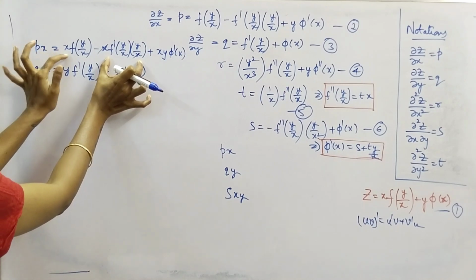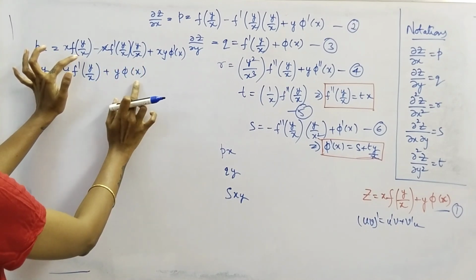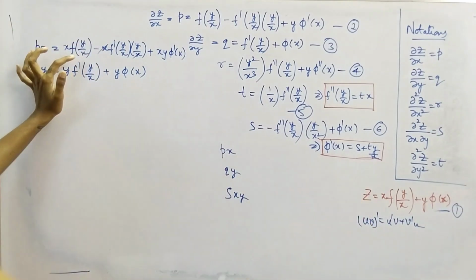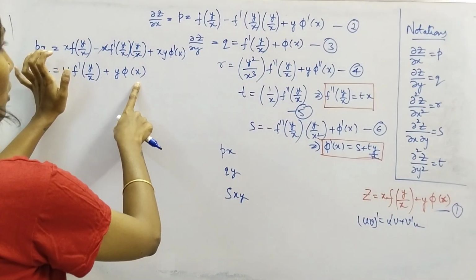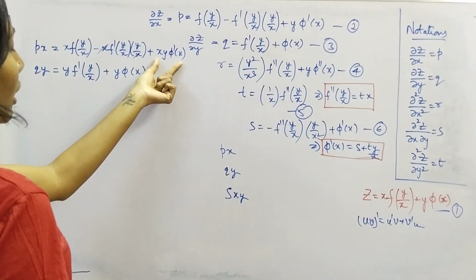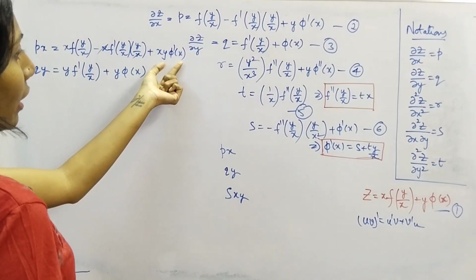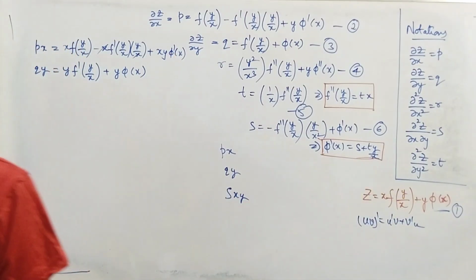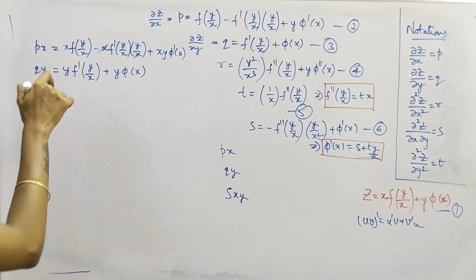And then you'll get x f of y by x plus y into phi of x, which can be replaced using z, because z equal to x into f of y by x plus y into phi of x, and we'll get the extra term plus xy into phi dash of x. We can replace this phi dash of x using s plus ty by x. So let's add these two.